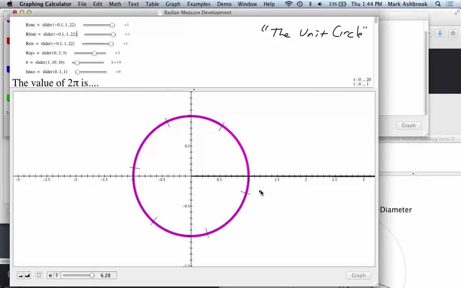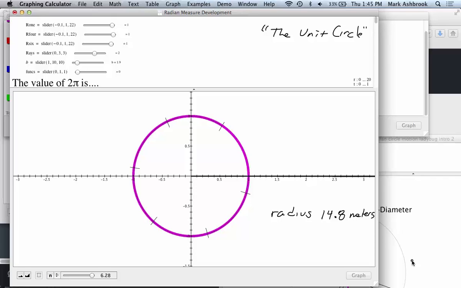Suppose this circle has a radius of 14.8 meters. That's a fairly big circle. It will not fit in this room. It'd be pretty big.